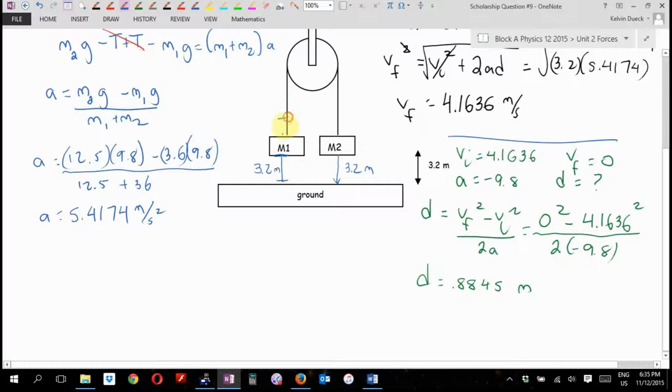And it's going to rise another 3.2 meters when this one falls down. So right there, the height is 3.2 meters because it's already starting off the ground, and another 3.2 meters. And then it's going to keep going up, because it's accelerating upwards and ends up with a velocity of 4.1636 meters per second right here. How much further? That much further.